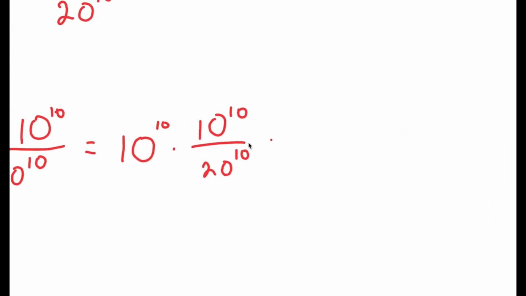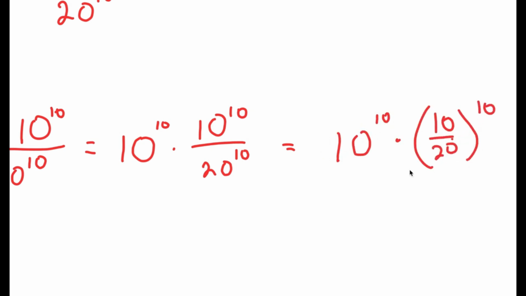So in this case, this turns into 10^10 times (10/20)^10, which is equal to 10^10 times (1/2)^10.